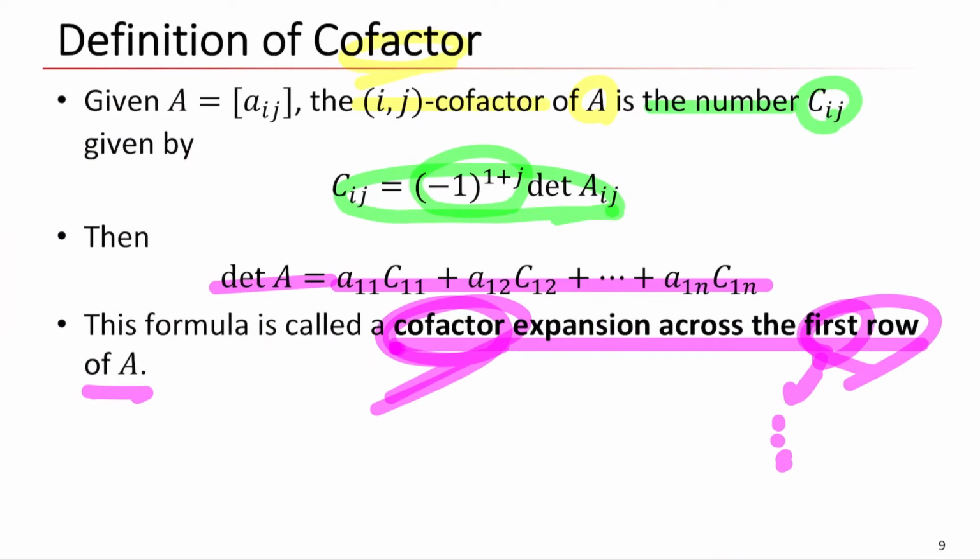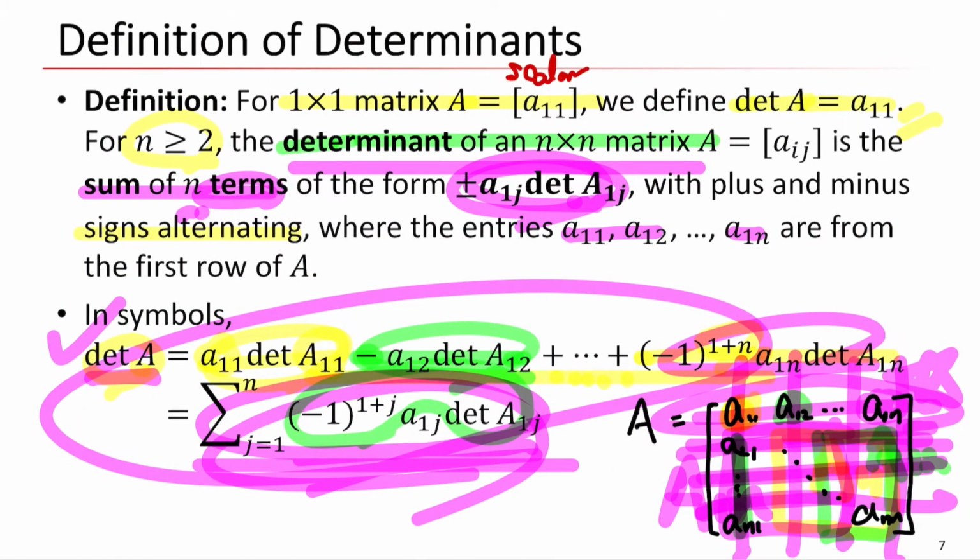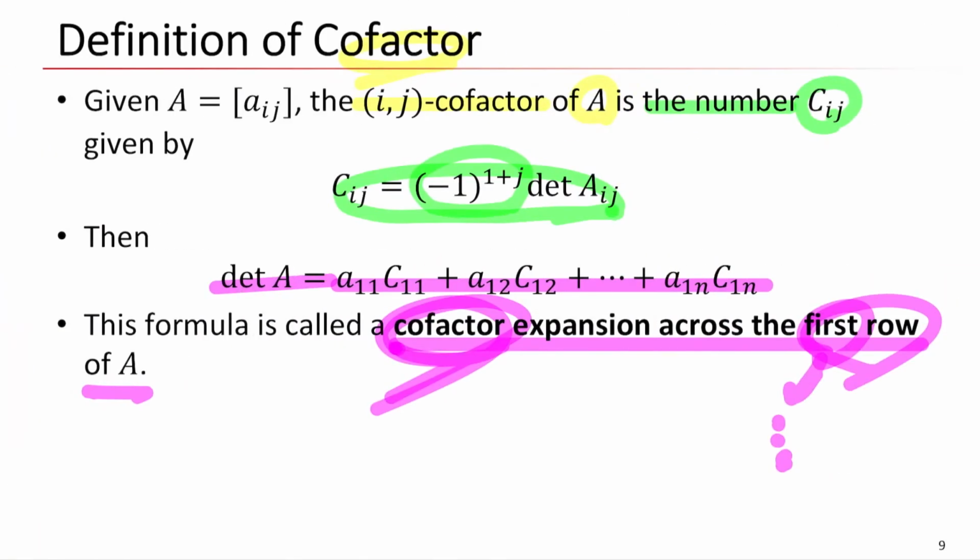To generalize this computation, we introduced the cofactor, right? So what was the cofactor? The (i, j) cofactor of the matrix A is defined something like this. By using the definition of the cofactor, we can represent the determinant of the matrix A something like this.